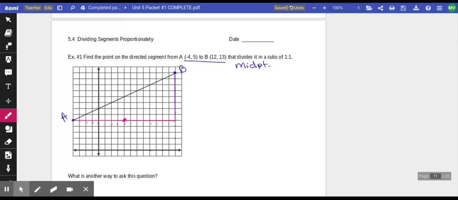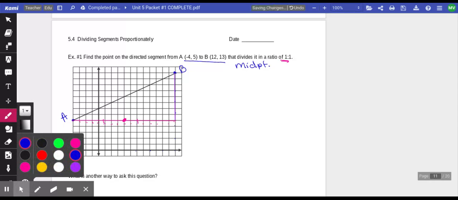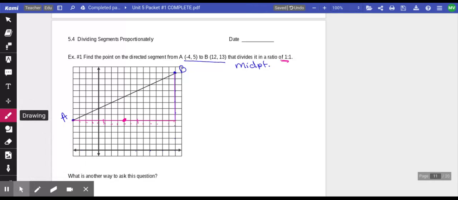And then I want to do the same thing vertically so that I'm breaking it 1 to 1. When I look at the vertical segment, it is 8, so halfway is up 4.